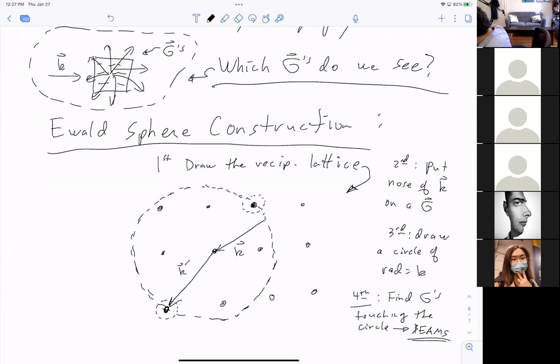And so, let me make sure that I did that. Oh, I drew this incorrectly. Oh, God damn it. Sorry. Wait, let me make sure I got this. Center. From the center.